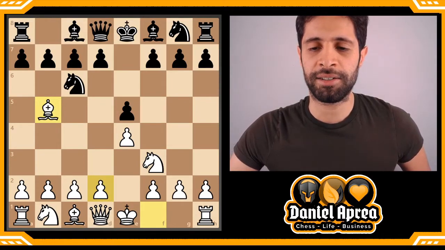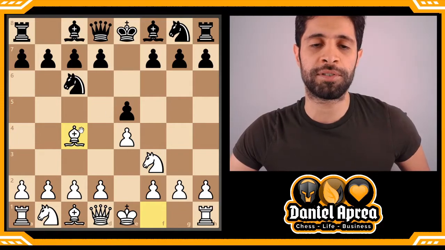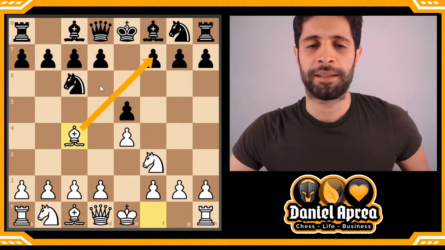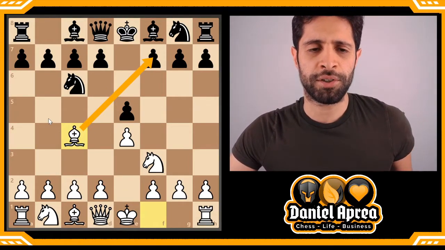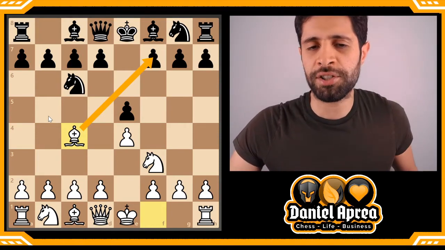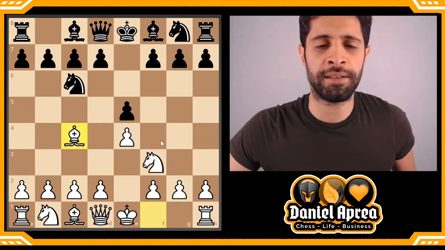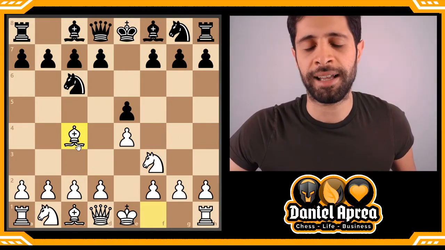And then there's an alternative here, for example, playing the bishop here to put some pressure on this weak spot. That's called the Italian game. So the Ruy Lopez is also called the Spanish game. And this move, bishop c4, in this position is called Gioco Piano, or the Italian game.